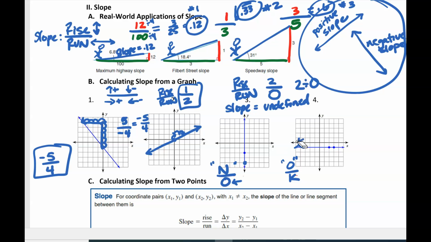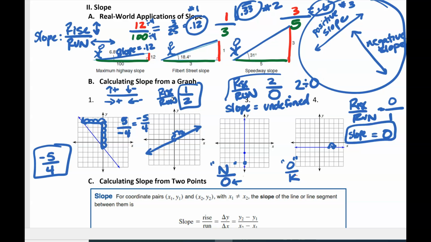The slope for a horizontal line is 0, and this is how we calculate that. If I think about my rise over run, if I locate a point, I'm not going to rise any, so that's 0, and I'm going to run 1 to the right. 0 divided by any number is 0, so the slope is 0.